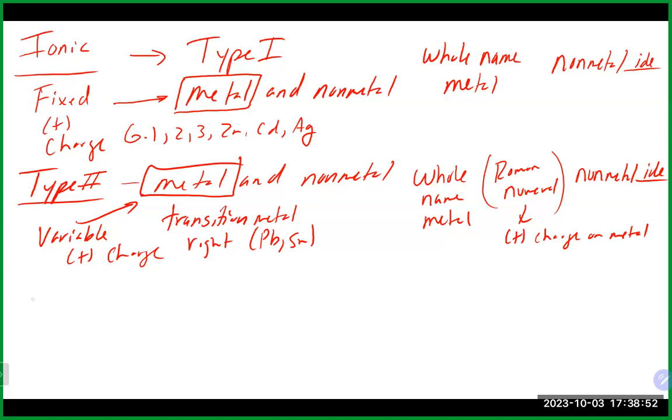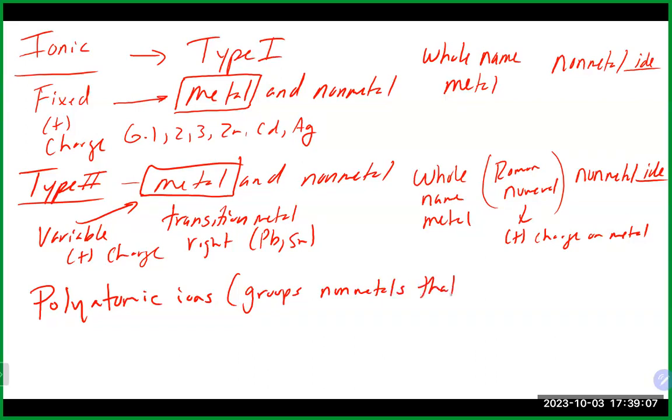We finished up, I think, last time talking about polyatomic ions, and polyatomic ions are groups of nonmetals that have charges. So they are interesting things. They are covalently bonded and sharing electrons, which is why they never really break apart into individual elements.